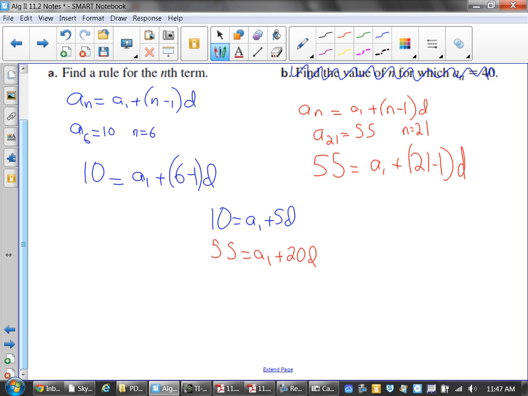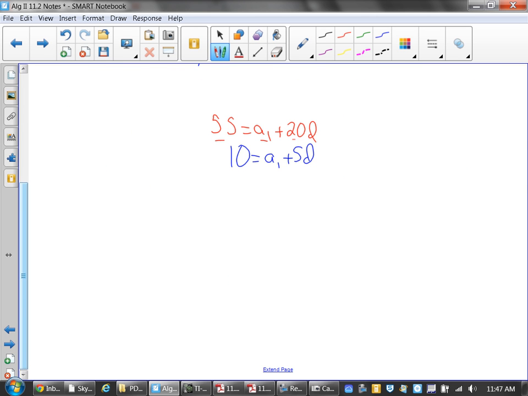Does everybody notice how the first term, that a sub 1, is the same in both equations? They have the same coefficient, same sign. So what I'm going to do is take that and subtract it from the other one. I'm just moving them around so I get positive values. Is that okay to do that? Okay. So we're going to subtract these two equations.